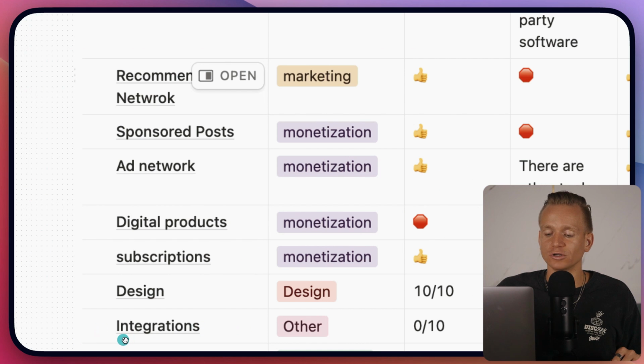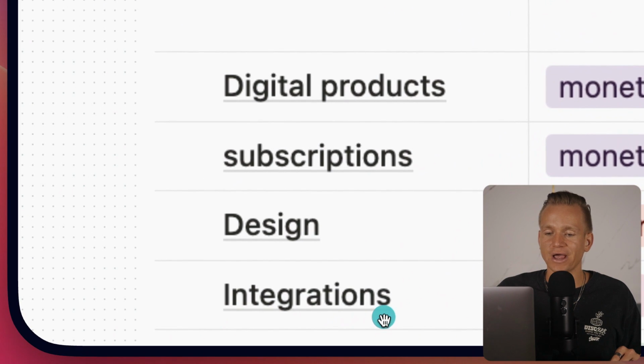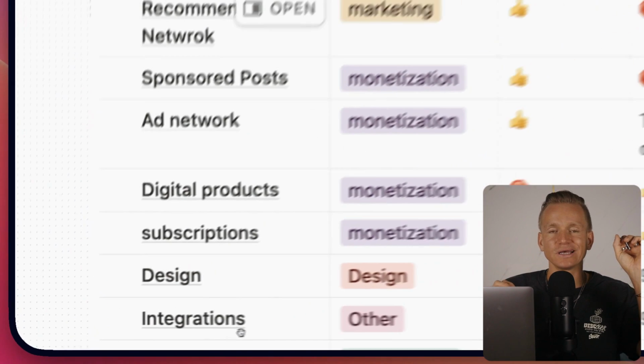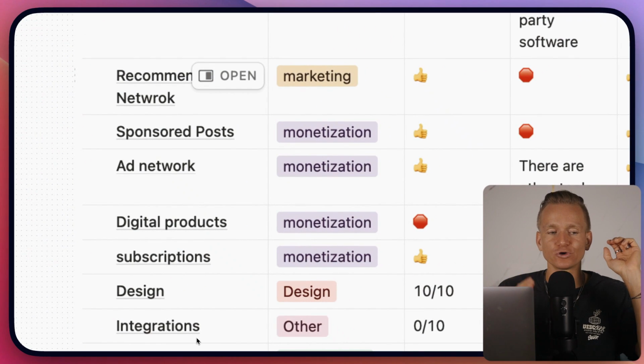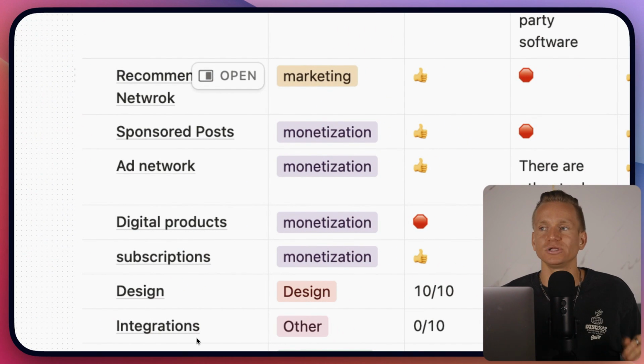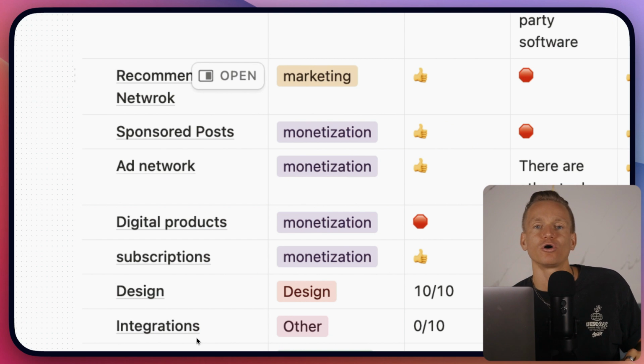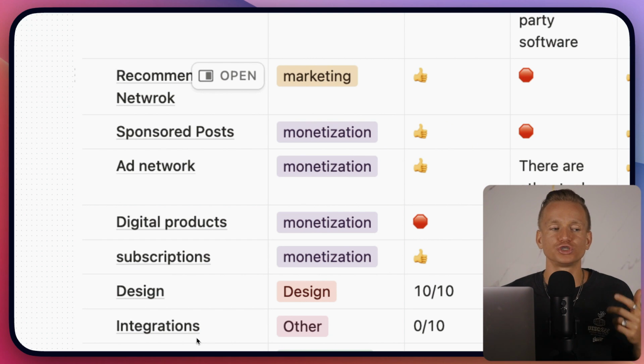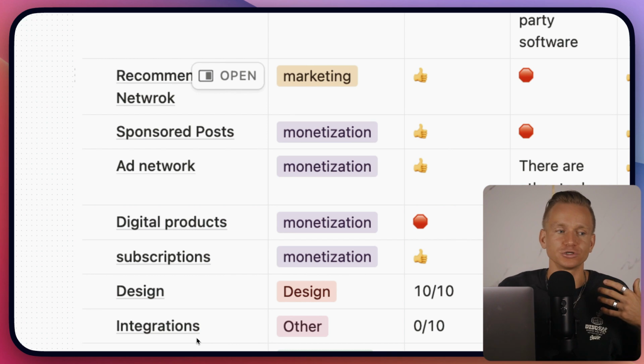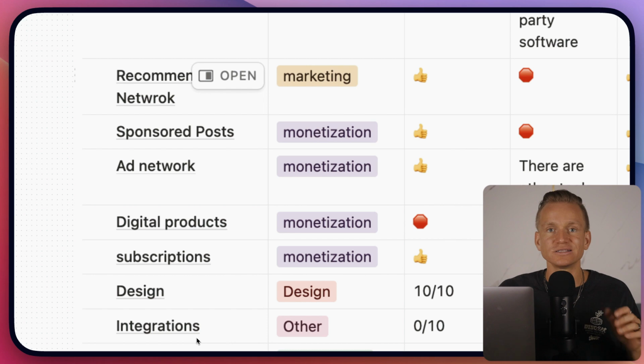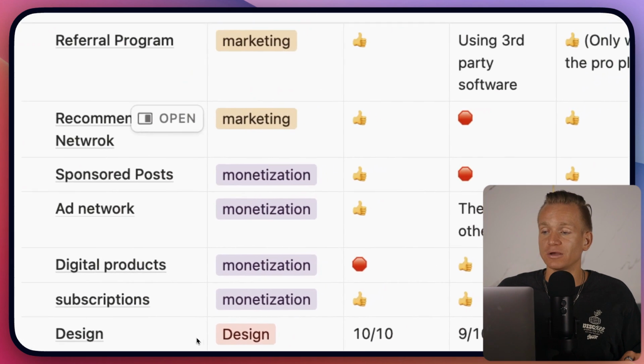Next thing we've got is integrations, and why this is important is basically because if you're using other tools, for example, let's say you are running a store on Shopify, or you're running your website on WordPress, or you just want to use specific tools for your conversions, for running ads, whatever it really is, you will need to have integrations, especially if you want to build a really big business.